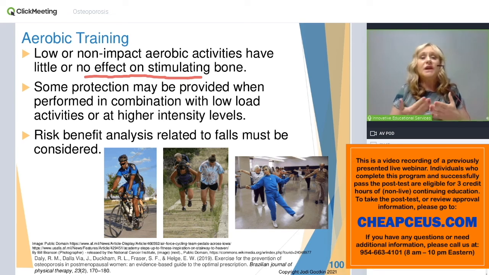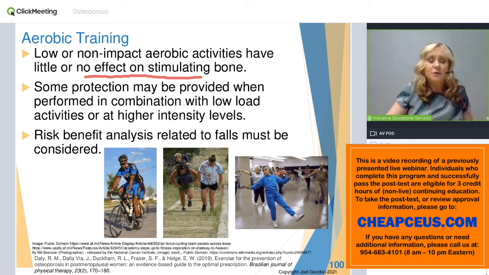So someone who likes walking maybe needs to do some curbs in between, or incorporate some steps along their walk, or do something else, like dancing instead of just walking, to alter the forces a little bit more across that bone.